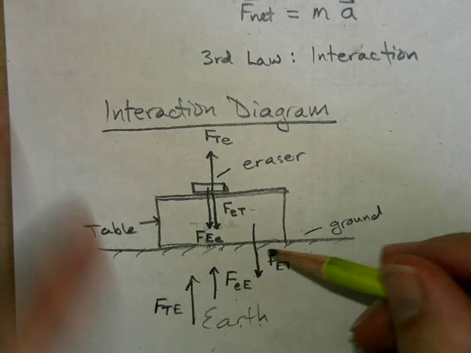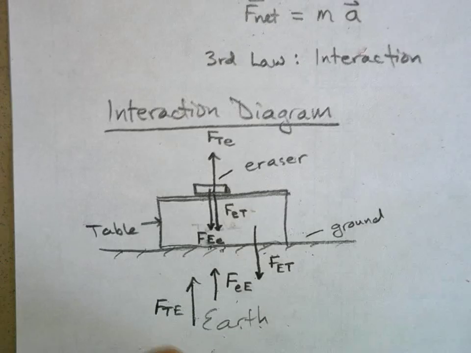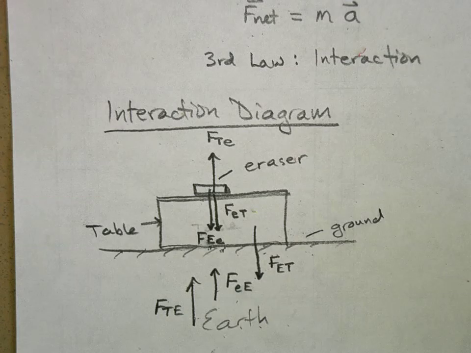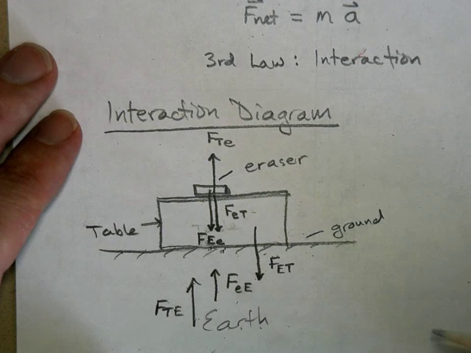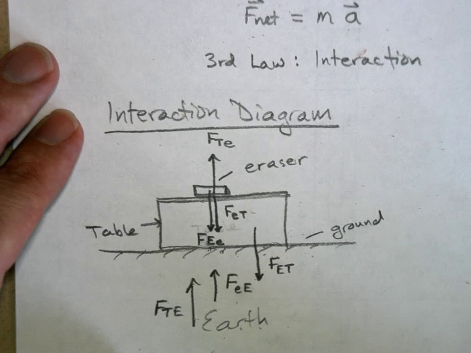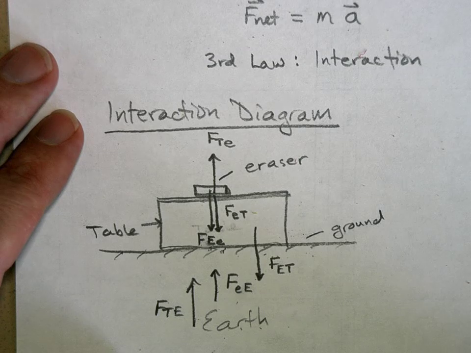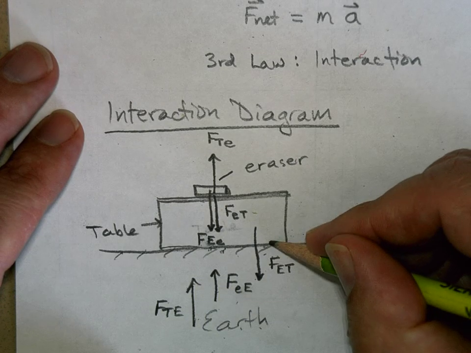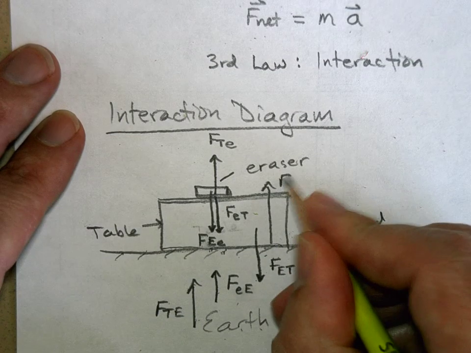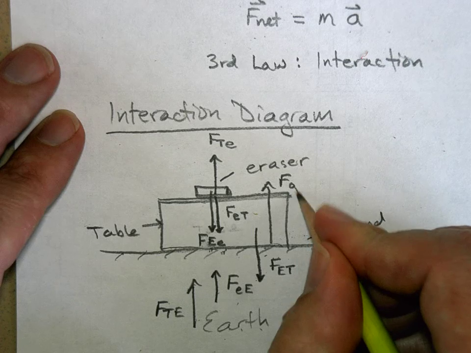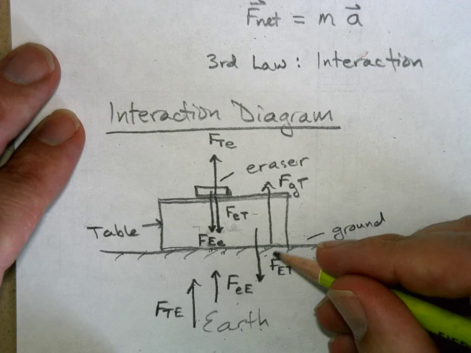Okay, so for every force there's this, and then of course there's the force of the ground. The table is not accelerating towards the earth because the ground is pushing up on it. So we've got the force of the ground on the table, but then the table, I'll just draw it over.